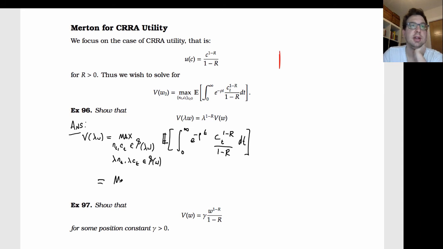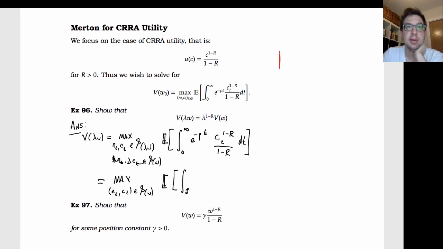So here, instead, I'll be doing a maximization over, in this form, n of t, c of t, belonging to the initial wealth W, okay? And in order to rephrase it as it was here, I just multiply everything by lambda, okay?